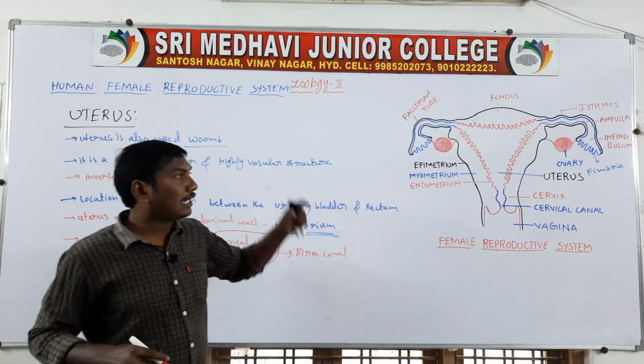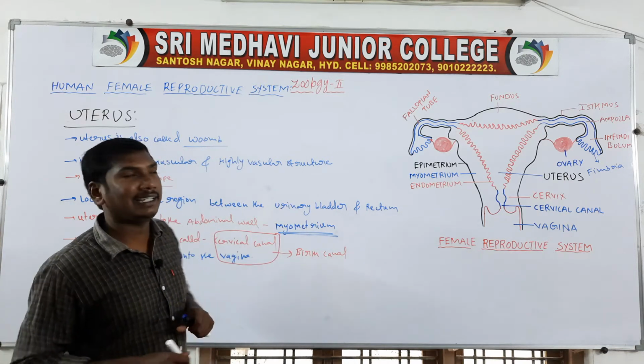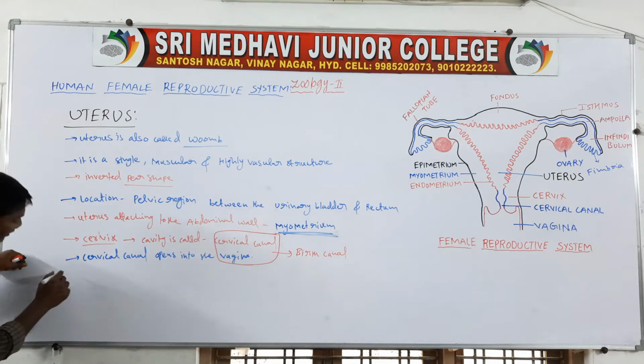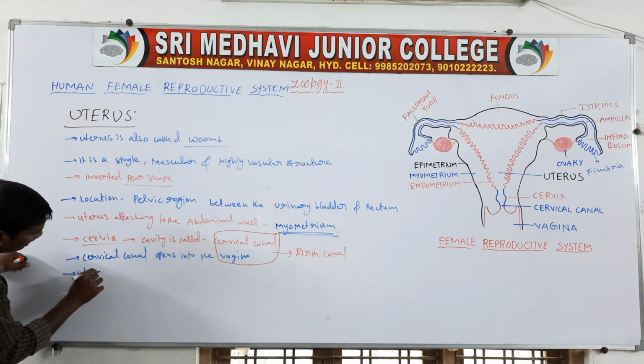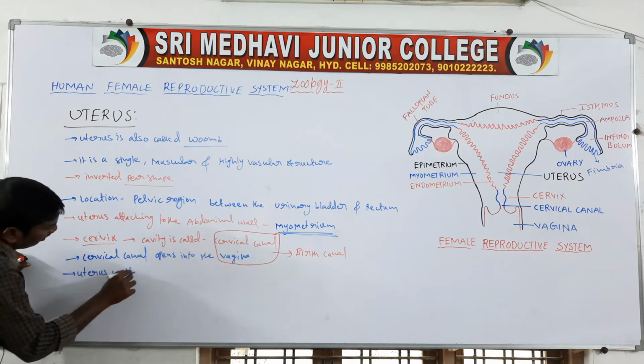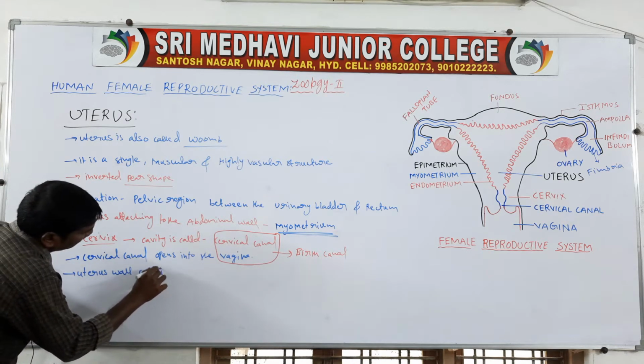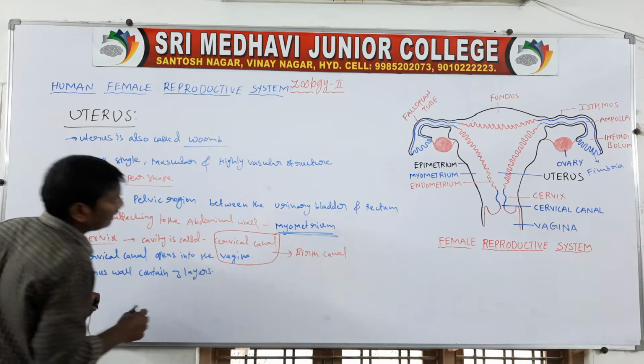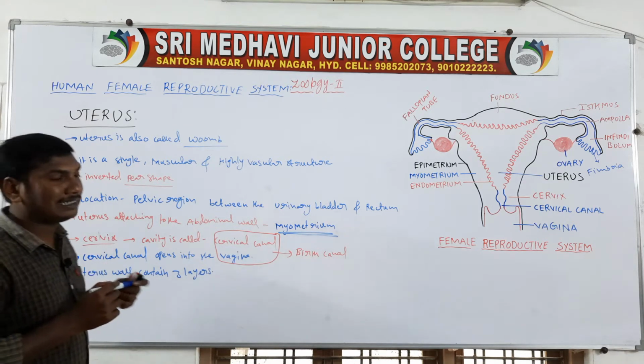Next, the uterus wall contains three layers.